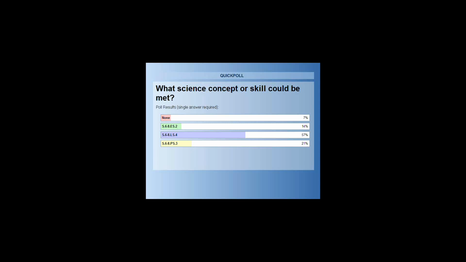But I am not going to say those of you that said earth and space number 2 is wrong, or physical science number 3 is wrong. I'm not going to say that because I don't know your thoughts, and they might be just absolutely fantastic, something that I haven't even thought of or wouldn't have thought of without talking to everybody.